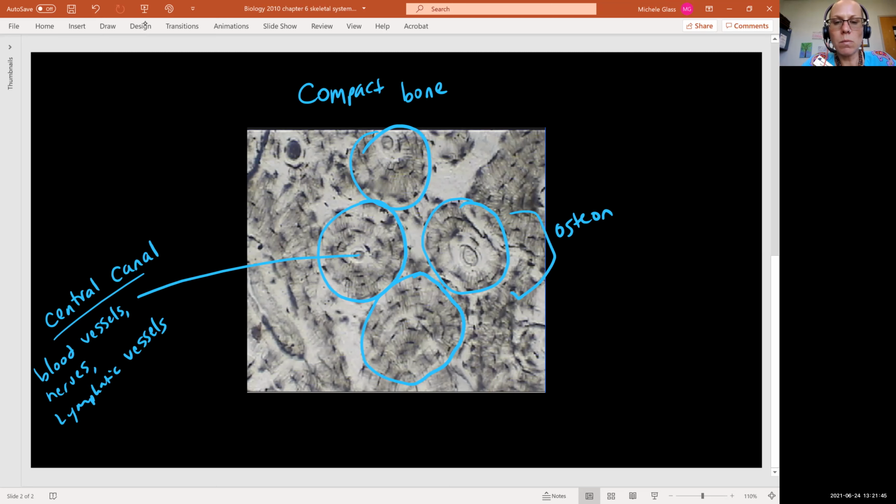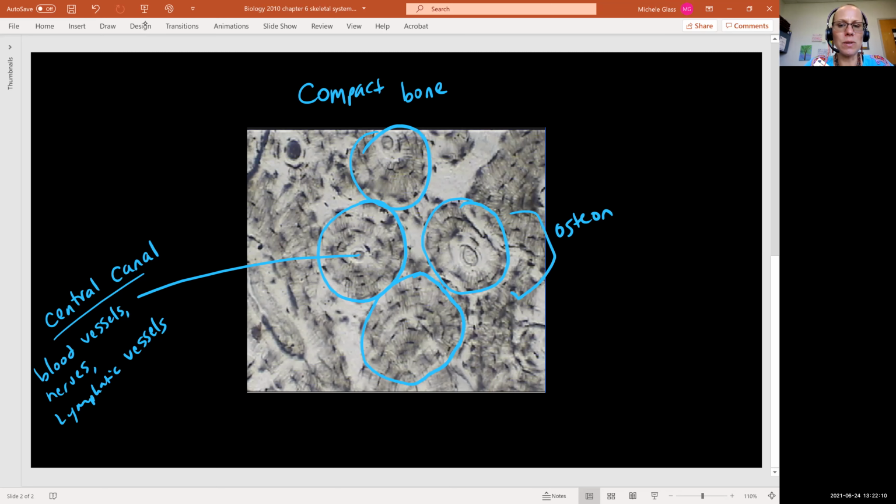So all of this is coming up through the central canal. It's important to remember this is a piece of living tissue inside your body, right? And so for tissue to be alive, it needs to have access to blood. The blood is providing oxygen, nutrients, and waste removal. And so these cells need access to that as well.